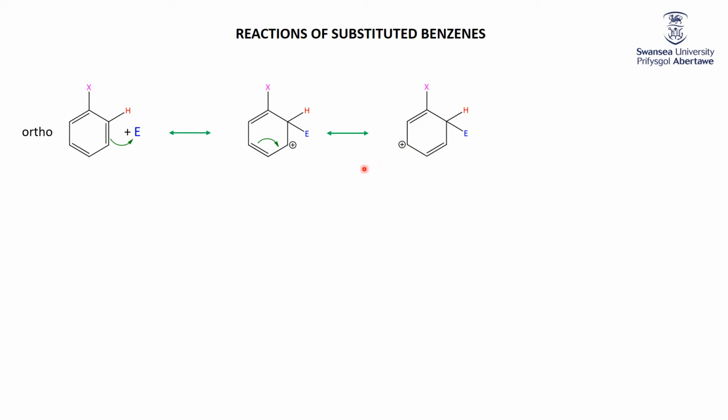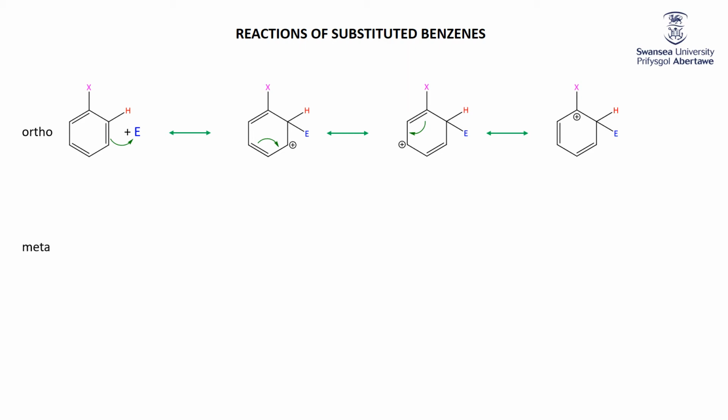And then again, we can stabilize that by taking these 2 electrons here and shunting them around to give us that resonance intermediate. Okay, so with benzene, there were 3 possible resonance intermediates. With ortho attack, there are 3 possible resonance intermediates, or so it would seem. Okay, but do notice where those particular positives now are.